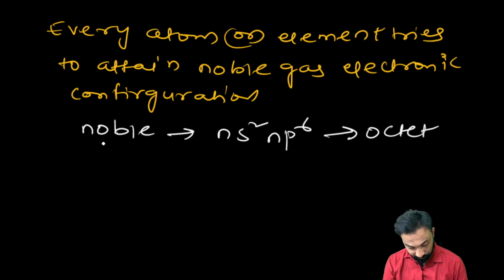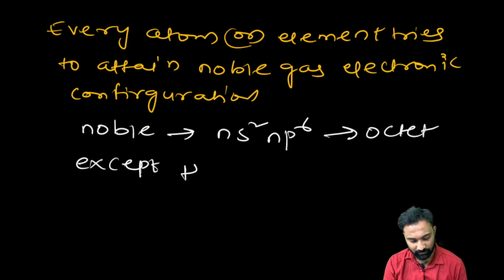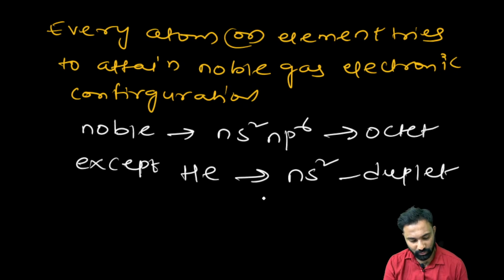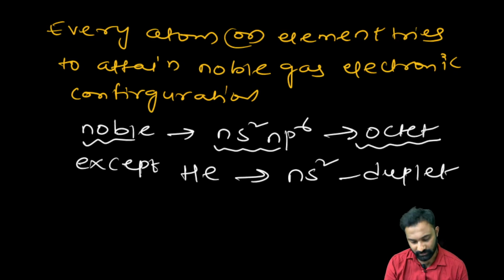Example, but except helium. Helium has the duplet electronic configuration, that you have to remember. Right? Duplet electronic configuration. All the other noble gases have the octet electronic configuration. Now, which one will show the octet electronic configuration?